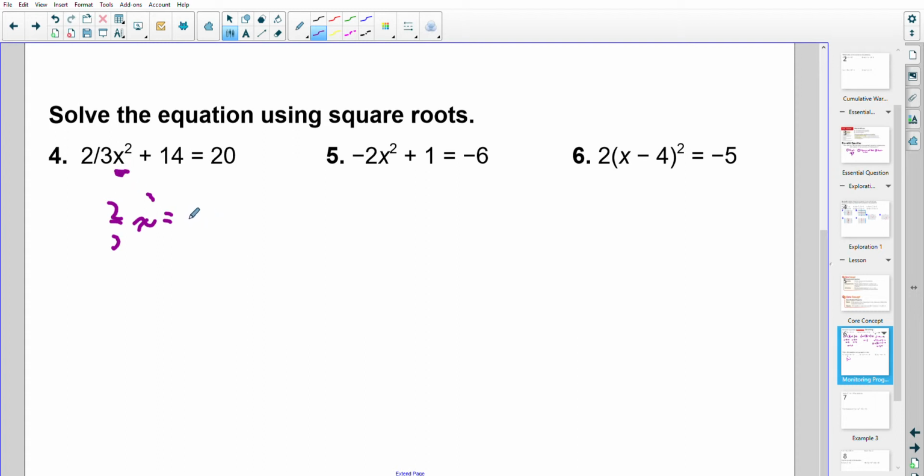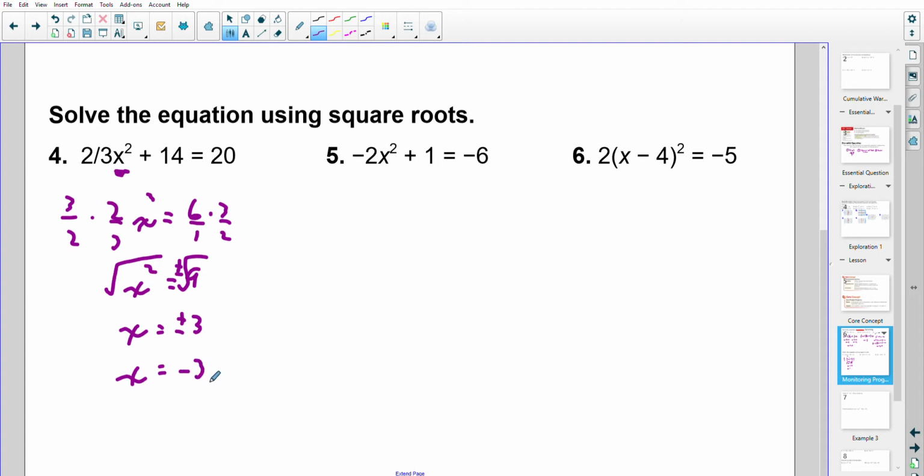So I'm going to subtract 14 on both sides, multiply by the reciprocal, and this becomes 1x squared equals, let's see, 18 over 2 is 9. And now when you take the square root of both sides, you have to remember, very importantly, to do the plus or minus here. So your answer can be plus or minus 3. Listing them out, negative 3, comma 3.